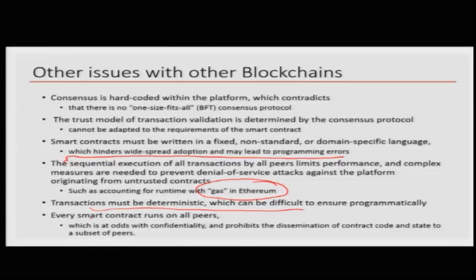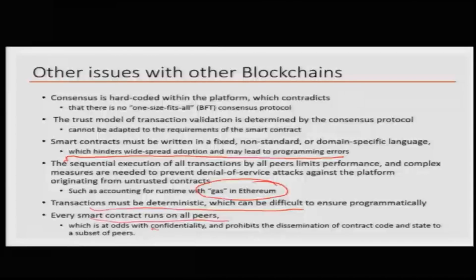And then again, we talked about earlier that every smart contract runs on every node in the case of Ethereum, which means that every node needs to know your smart contract, the bytecode of your smart contract. And therefore, any intellectual property you have in the logic of the smart contract, or any business secret as to how you process transactions, how you make decisions on the transactions, etc., will be known to everybody else.